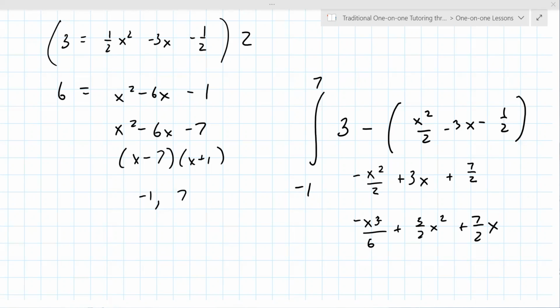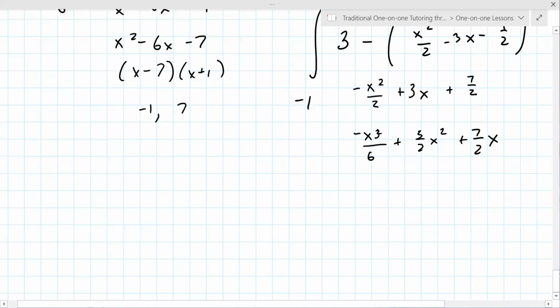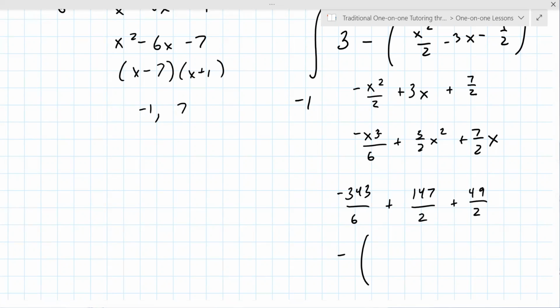So 7 to the third: 7 times 7 is 49, 49 times 7 is 343, so minus 343 over 6, plus 3 times 49, that's 147 over 2, plus 7 times 7, 49 over 2, minus 1/6, minus 3/2.